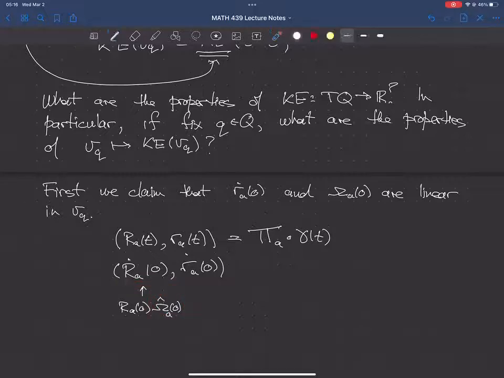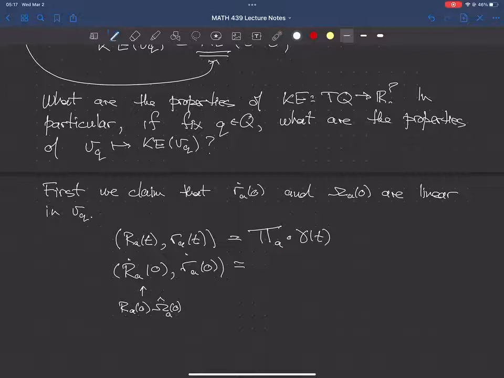Now let's look at why these things depend linearly on VQ. To do that, I'm going to differentiate this formula, differentiating this composition using the chain rule. First I differentiate this and then compose it with the derivative of that.